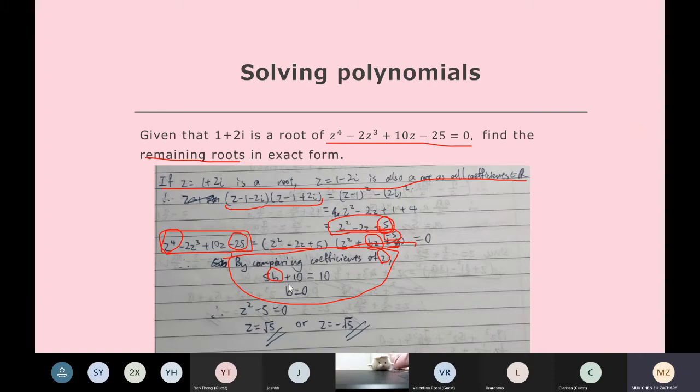So from here we get 5b, 5 times b, and then negative 5 times negative 2z, which will give you 10. So you compare the coefficients, you will realize that b is 0. So in fact, this equation will just be z squared minus 5 equals 0, which will give you z equals plus minus square root of 5. Okay, so that's how you do it.